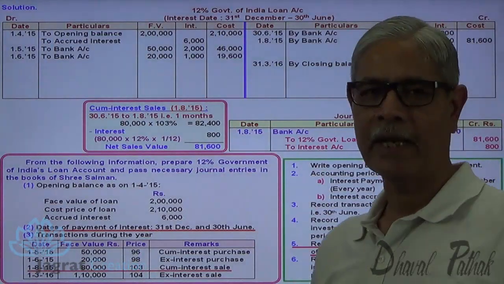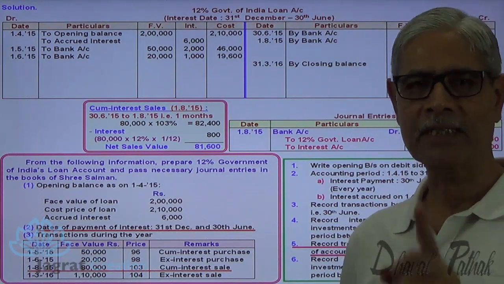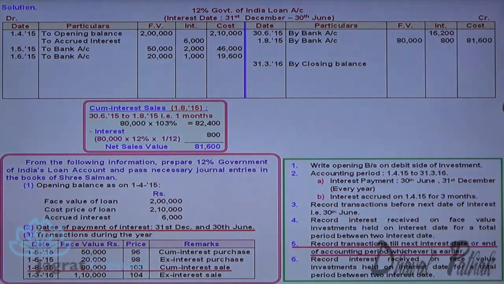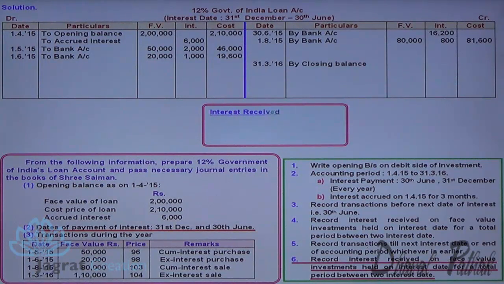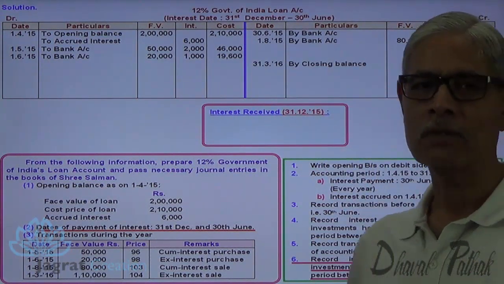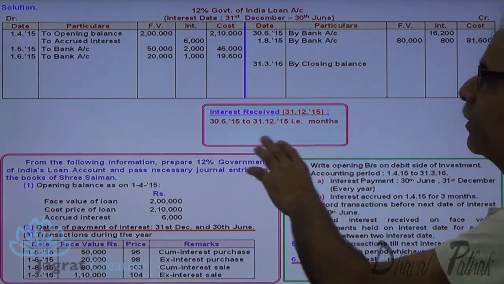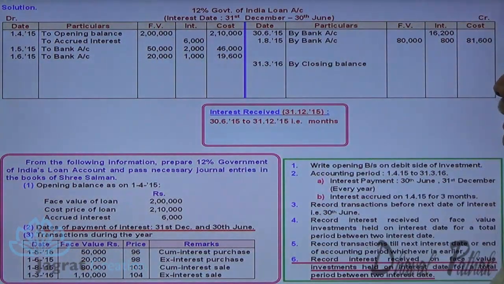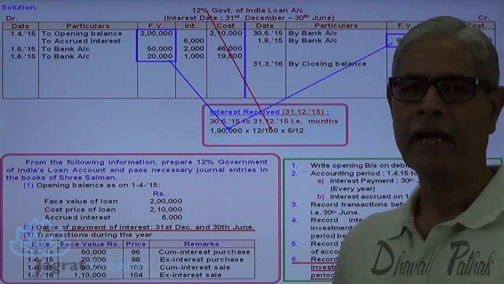Now this transaction is already recorded with journal entry. Now I will record the entry for interest that has been received on 31st of December. So on 31st of December, record the interest received on the face value of the investment held on the interest date for the total period between two interest dates. So from 30th June 2015, 6 months interest will be received on the security held. So 2,70,000 minus 80,000, so it will be 1,90,000 at the rate of 12% for 6 months.